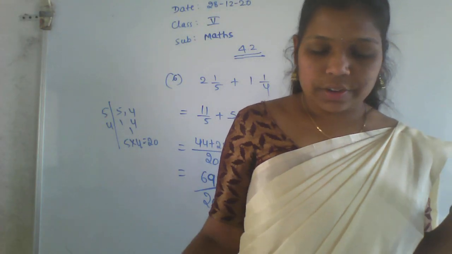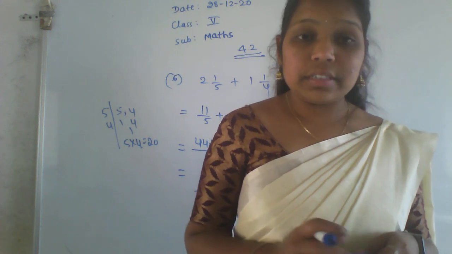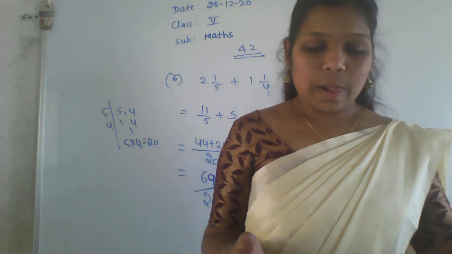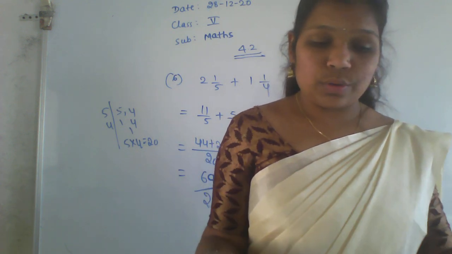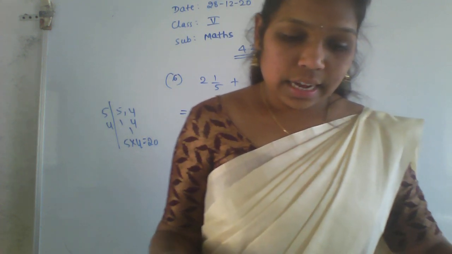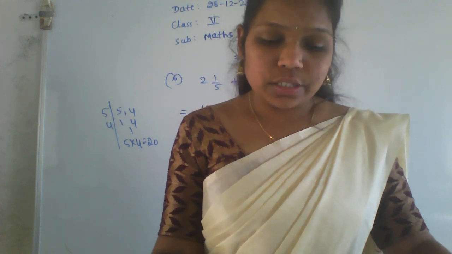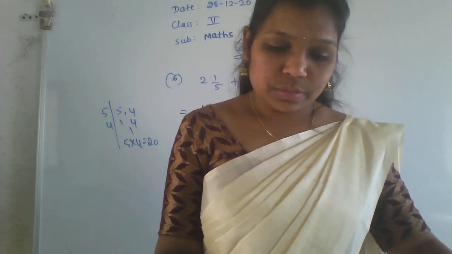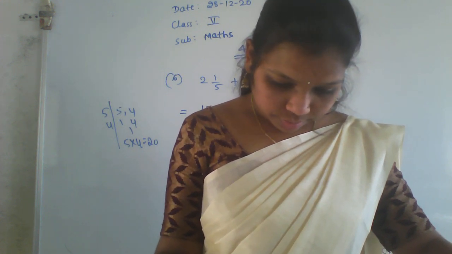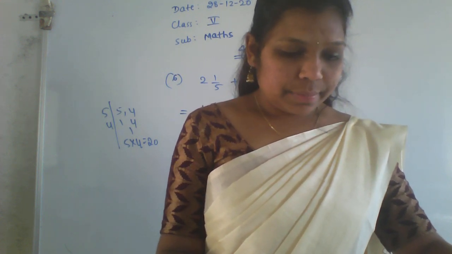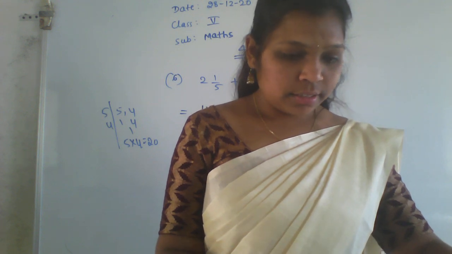We have to add the given fractions which have different denominator values. Okay. So in the next class we will study the multiplication of a fraction by a whole number, multiplication of a fraction by a fraction.